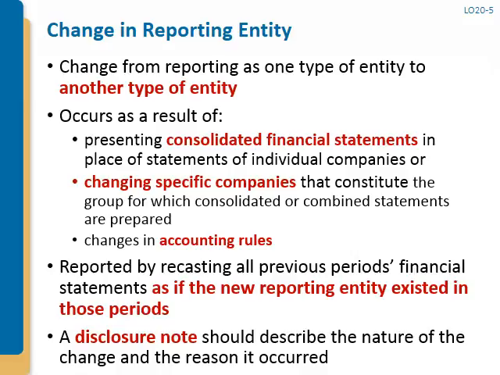In the first set of financial statements after the change, a disclosure note should describe the nature of the change and the reason it occurred. Also, the effect of the change on income from continuing operations and the related per share amounts should be indicated for all periods presented. These disclosures aren't necessarily required in subsequent financial statements.